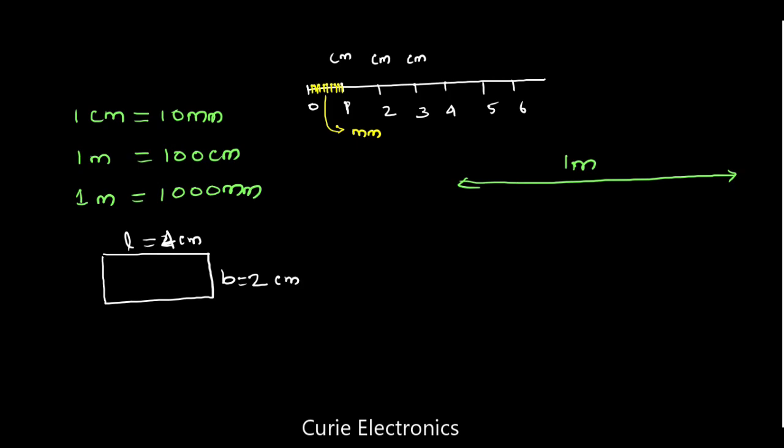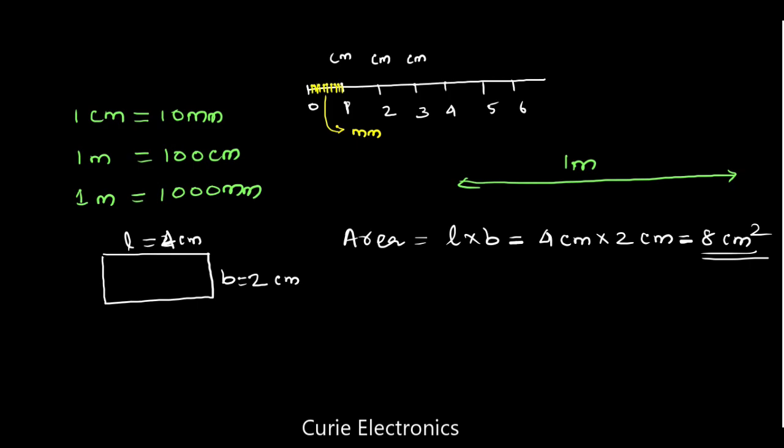Now find the area in centimeter square. Area of a rectangle equals length multiplied by breadth, that is 4 centimeter multiplied by 2 centimeter, which is equal to 8 centimeter square, or we can say square units.